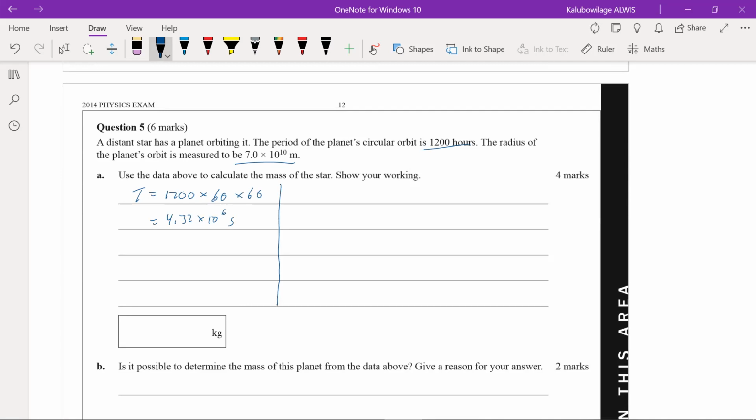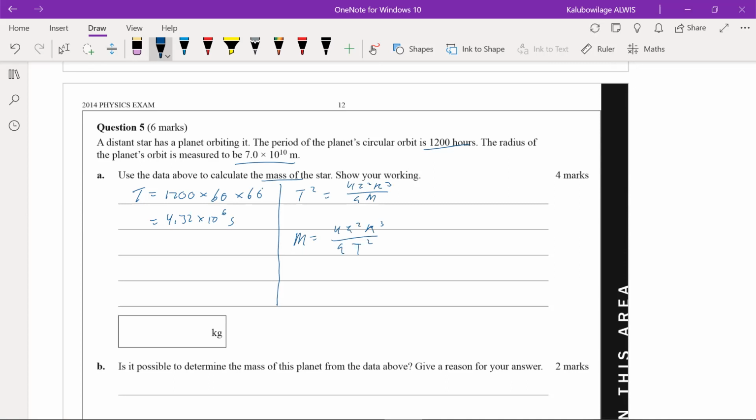And then it's Kepler's law, and then we're finding the mass. T squared.